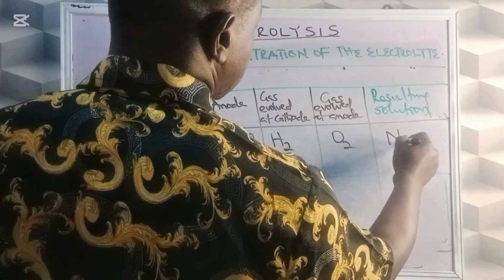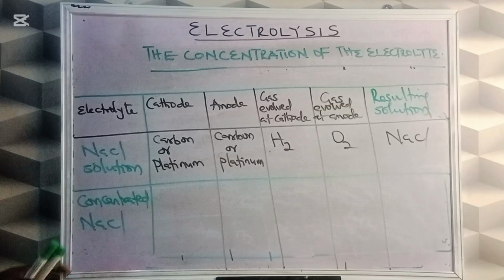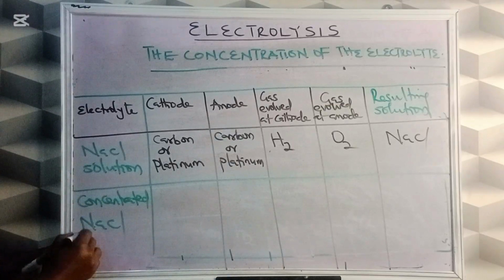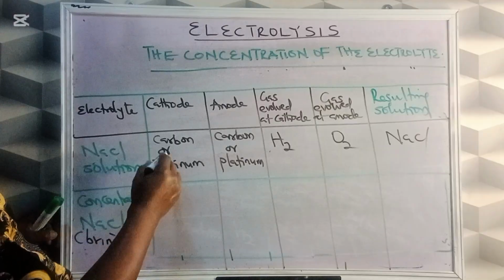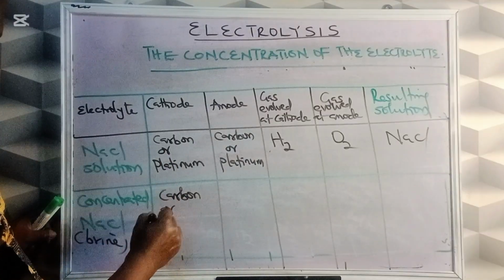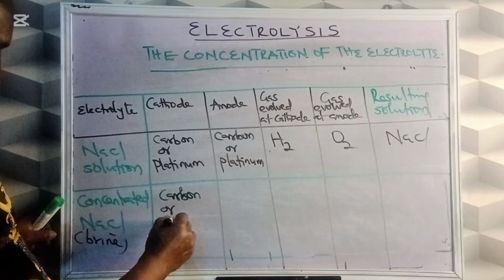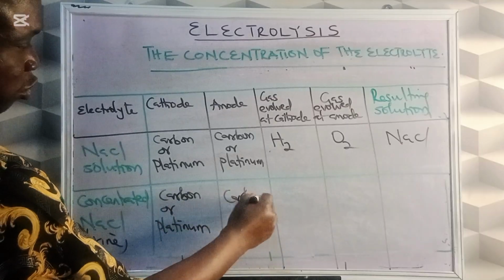The resulting solution still contains sodium chloride. But concentrated sodium chloride is known as brine. When we did this, at the cathode you can use carbon, no problem, or platinum. But here the anode must always be what?